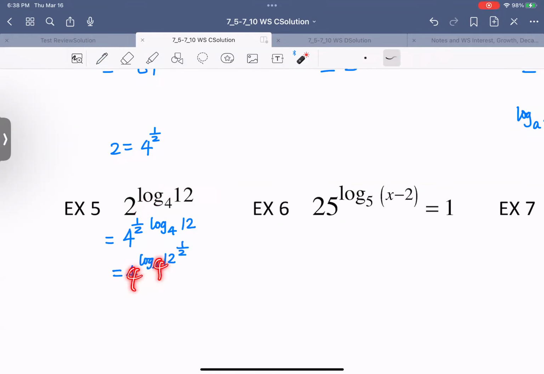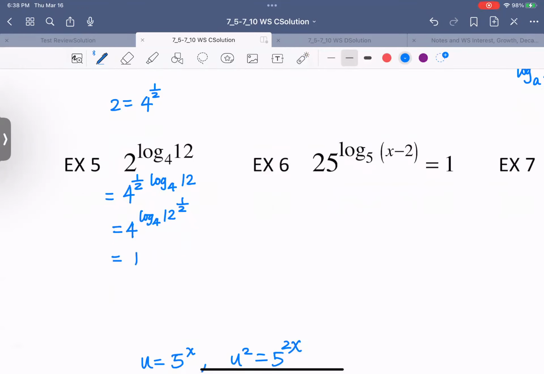This and this are the same, so the result will be who? The square root of 12. Simplify. This becomes? 2 root 3. This is 2 times square root 3. Okay? Make sense? Yes. Okay.